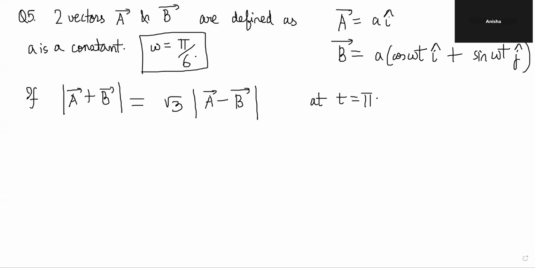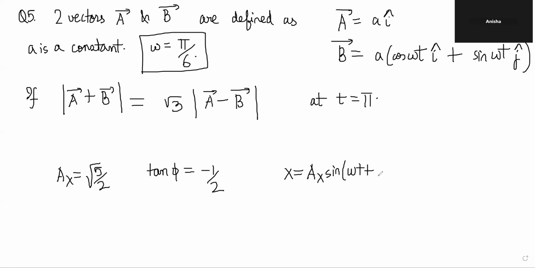See, in the previous one, we got Ax as root of 5/2, and we got tan φ as -1/2, by dividing sin φ and cos φ. Your x came as Ax sin(ωt + φ), and your Vx came as Ax ω cos(ωt + φ), but omega is 1. So it's like this.